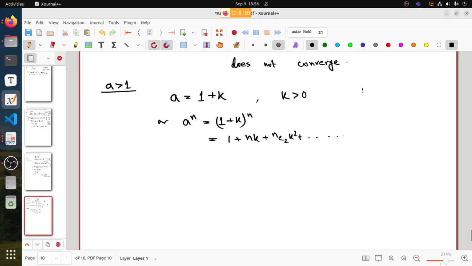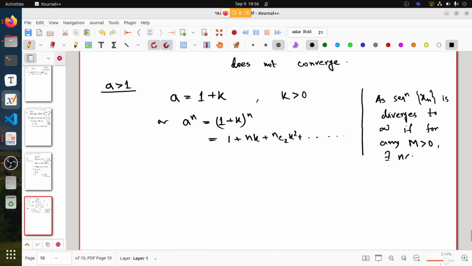To show that a sequence xn diverges to infinity, we need that for any positive number m there exists a natural number capital N such that xn is greater than m for all n greater than N. Then we say that xn diverges to infinity.